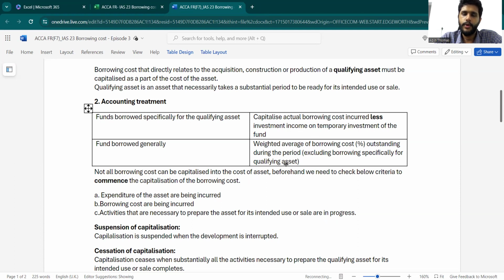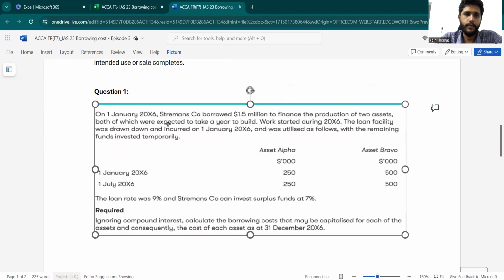So the unused amount of the loan, the business can invest in financial instruments, and they can obtain income. That kind of investment income we need to deduct from that expense before capitalizing it into the cost of the asset. That is what the standard is saying. You will get a better picture when we do example one below. See question one.